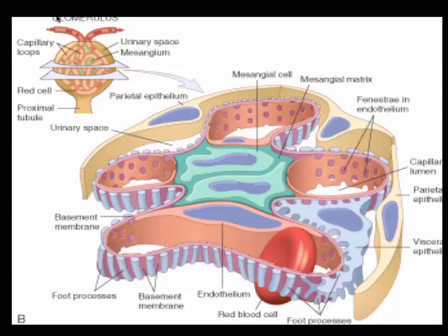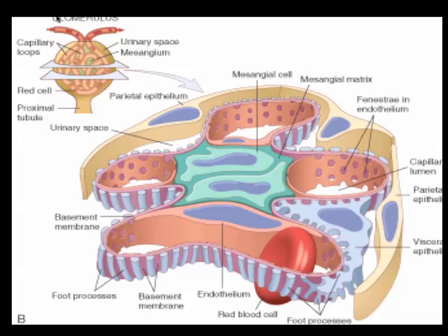The one at the bottom has a red blood cell within the capillary lumen. On the right and on the left, there is a picture of the parietal epithelium, which lines Bowman's capsule, and between that parietal epithelium and the capillary loops resides the urinary space.